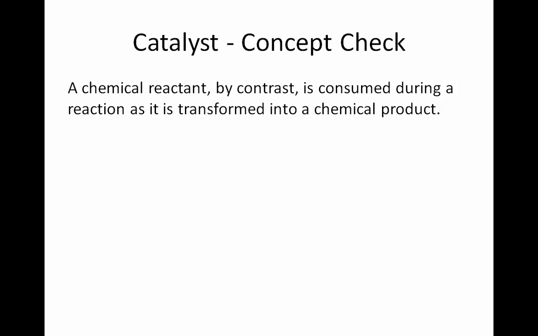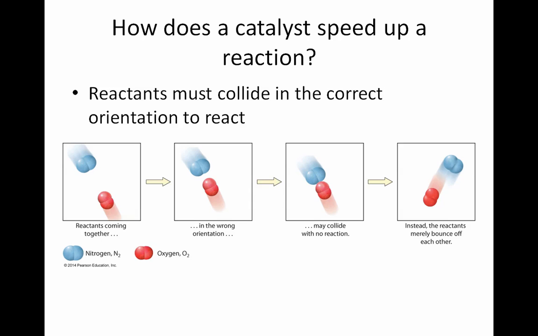So let's look at an example of how a catalyst works. So here's that same example where nitrogen and oxygen are coming together. Well, what if they have to meet and collide in that exact same orientation where the two ends are close together? If you can see in this box right here, they're coming in the wrong orientation because the red one needed to be oriented in that same kind of shape in order for the two ends to interact with each other.